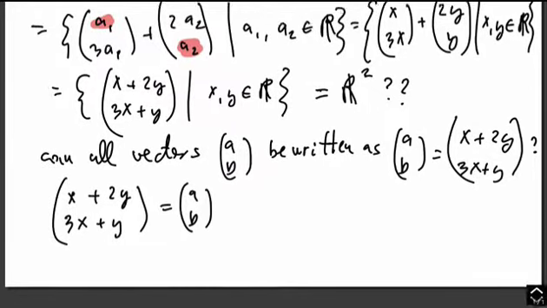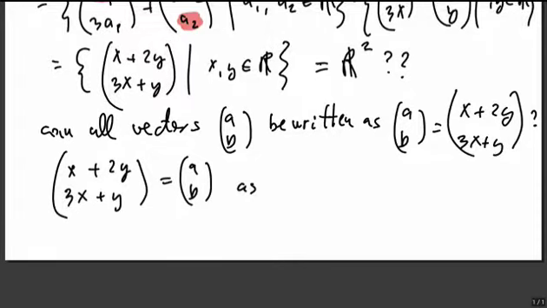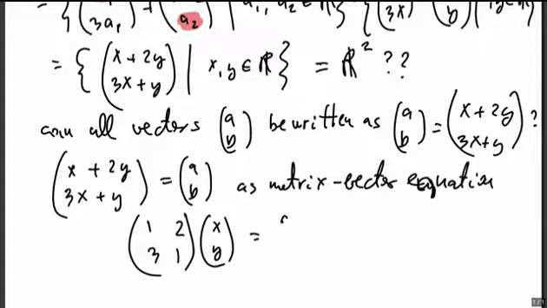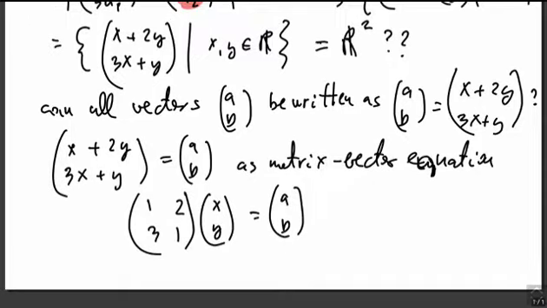I can also write this as a matrix vector equation. So if I separate the X and Y into a column vector, then we just have to collect the coefficients 1, 2, 3, and 1 into a matrix. So it's the matrix times the (X, Y) vector equals the (A, B) vector. And then this matrix with rows (1, 2) and (3, 1) is in fact invertible.